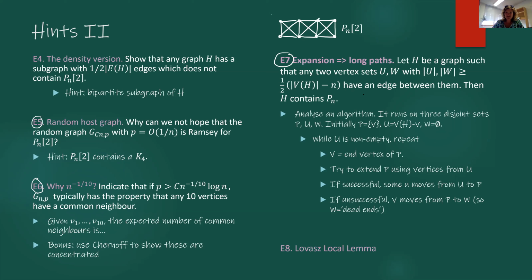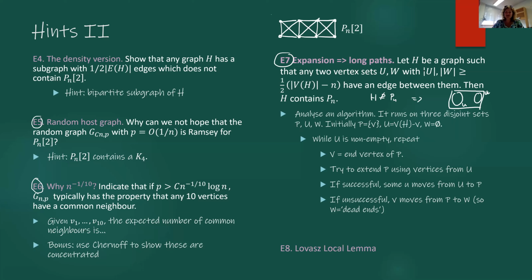What this assumption is saying in the contrapositive, which we'll actually prove, is that if H does not contain Pn, then you can find huge sets U and W. They comprise almost the entire vertex set with nothing in between. That's the opposite of expansion. It's the opposite of quasi-randomness.